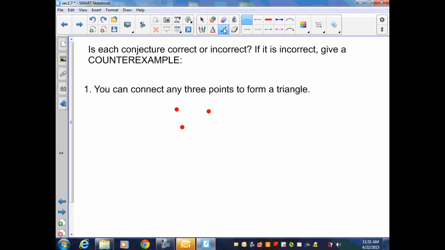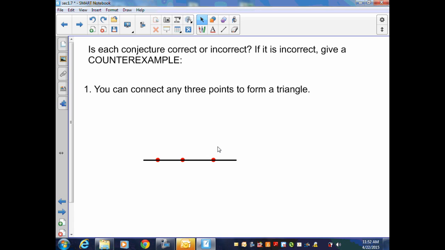But if we look at it a little differently, what if I draw a line, which obviously is not a triangle? And if I put these 3 points on the line, now I've moved these 3 points on the line.